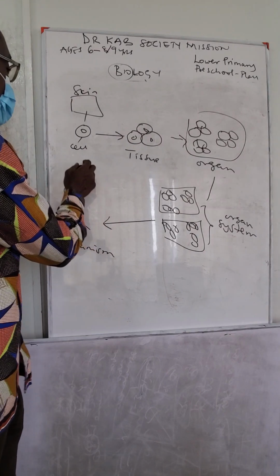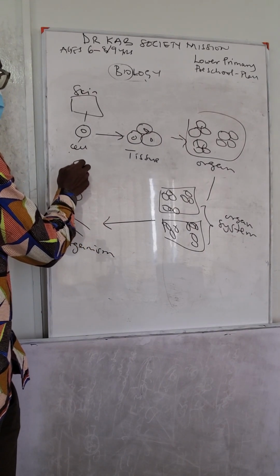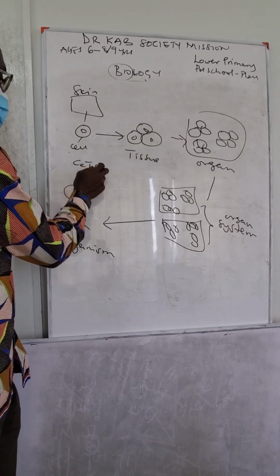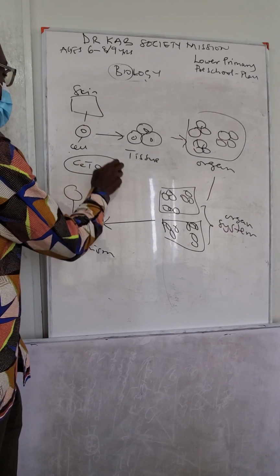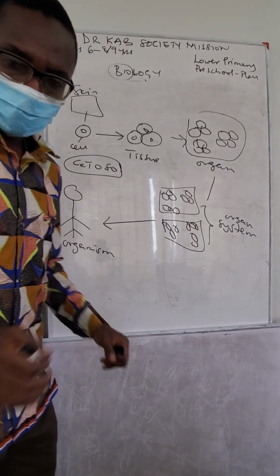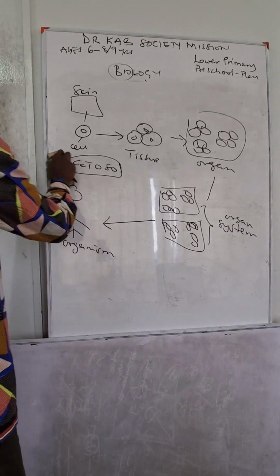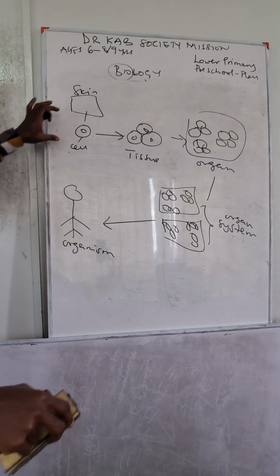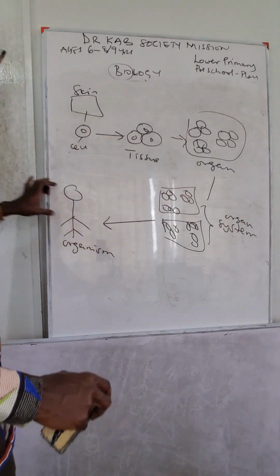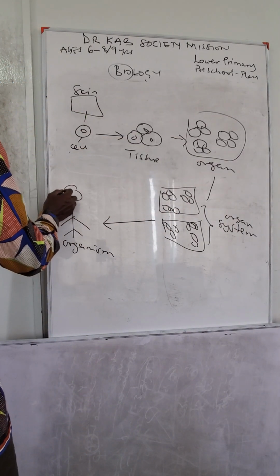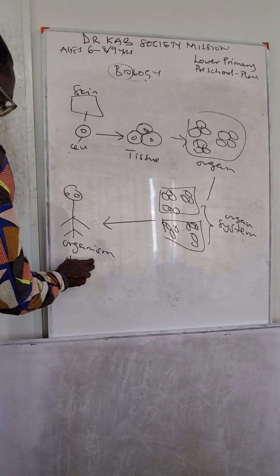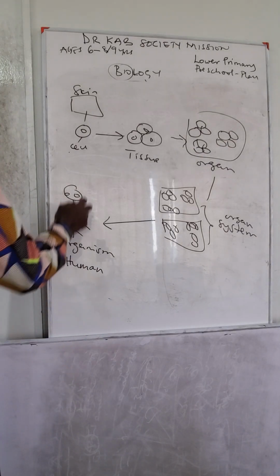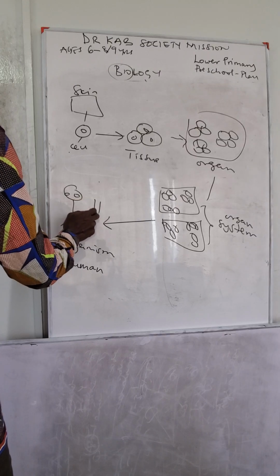So you can let them sketch the levels and then tell what each one is. This human being here is an organism. Human being is a living organism. A tree can also be an organism.